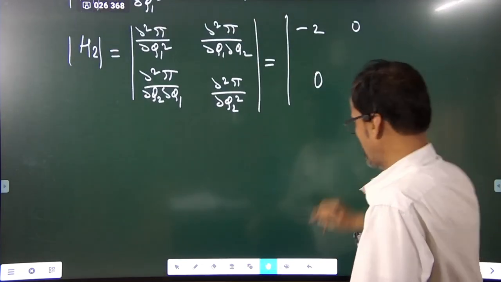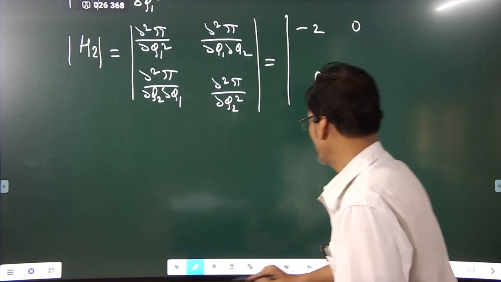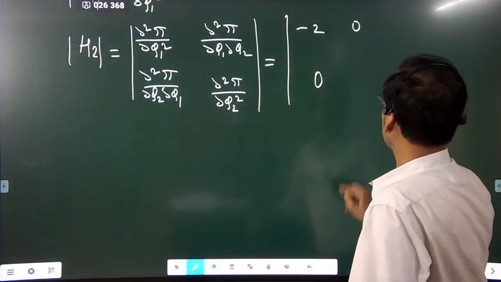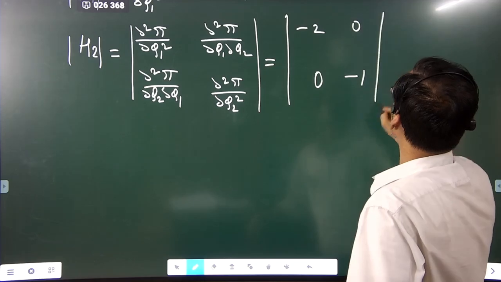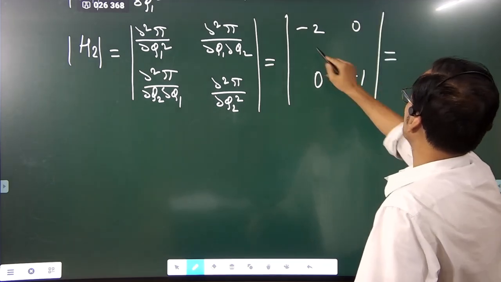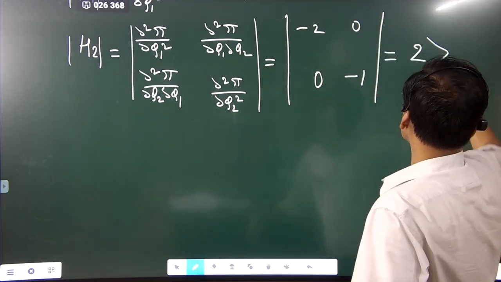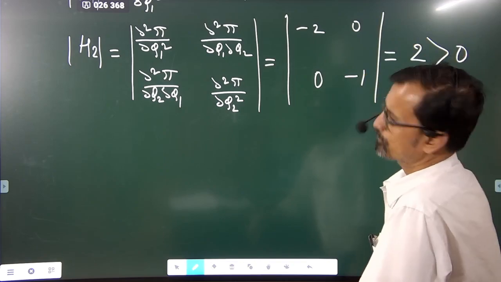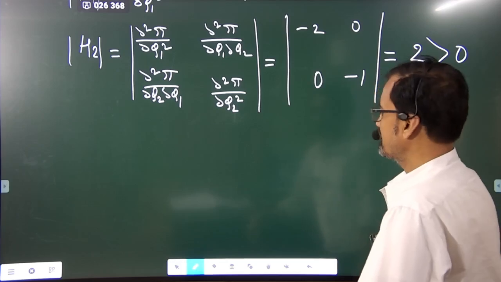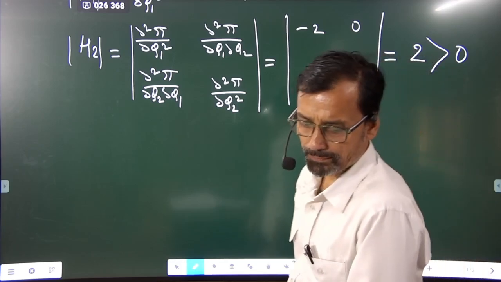So ultimately the result is 2, which is greater than 0.